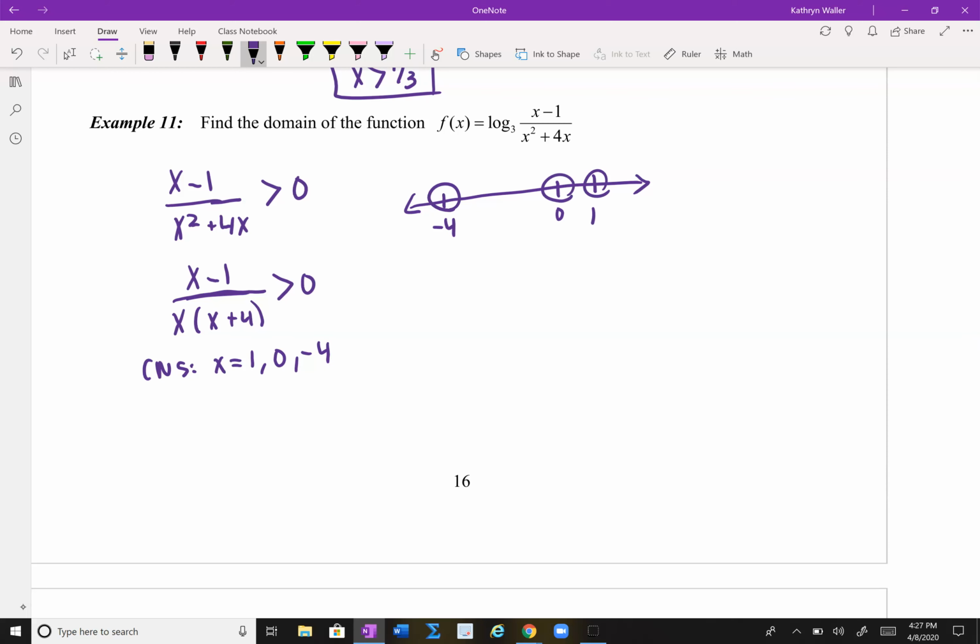And now I have to test a region. Since 0 is a critical number, I cannot test it. So I'm going to test like a 2. So if I go to store, actually, I'm using a graphing calculator because I didn't want to run downstairs. So you guys go to Memvar, I think it's store. To store, enter. That's what you guys hit. To store, enter.